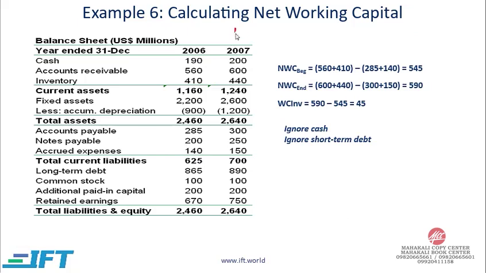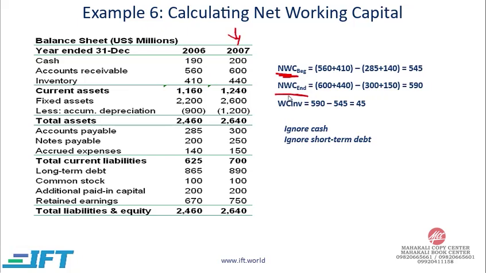Let's take 2007. We've already touched briefly on calculating the change in working capital, which is that you take the working capital at the start of 2007. This is the net working capital, which would be the current assets minus current liabilities at the start of the period and the end of the period, and then take the difference.